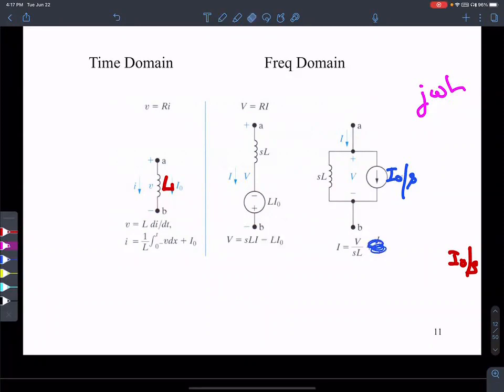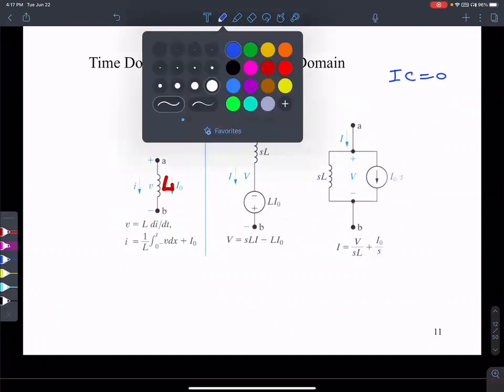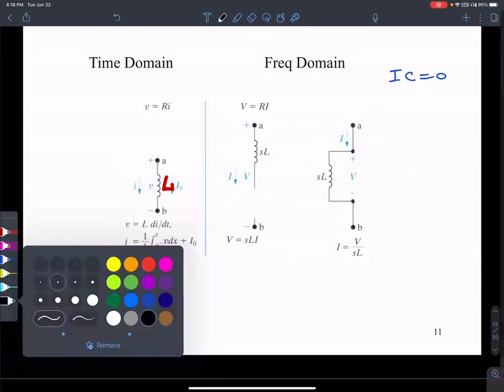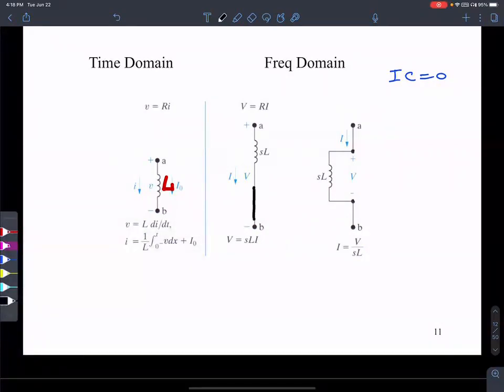Okay, so let me clarify. If the initial conditions are zero, then this part of the circuit disappears, and what you will be left with is a very straightforward representation, as if you were in a regular frequency domain.